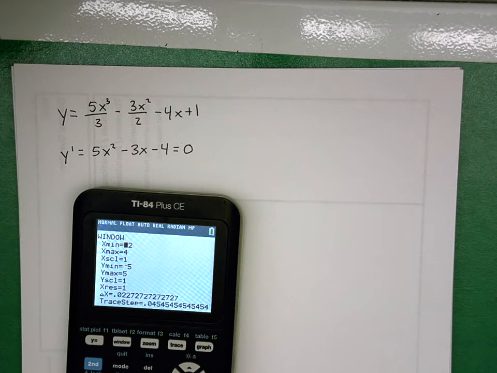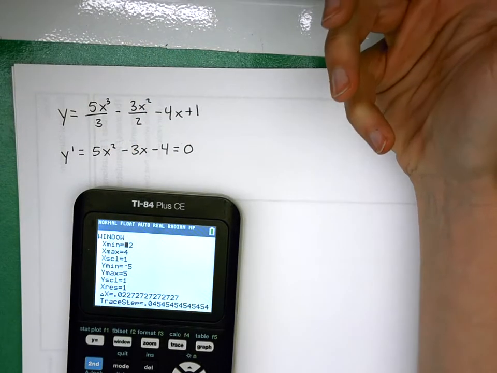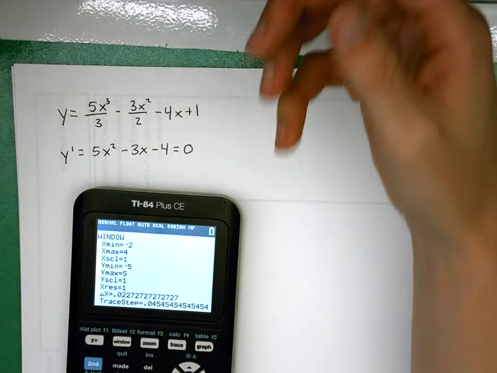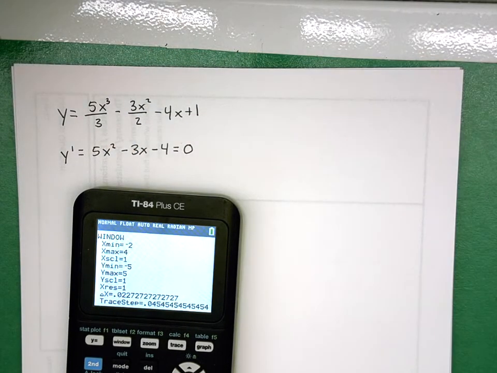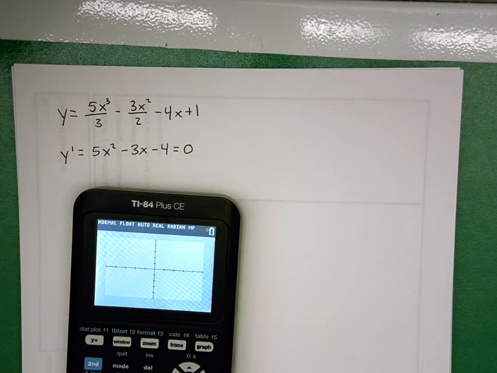I do know that I've got a quadratic here, and so if I'm looking at my graph, my picture, my window, and I don't see the full U, then I know I'm going to have to come back to this window and maybe make it a little bit bigger. But I usually find going -5 to 5 or -10 to 10 is a good place to start. Okay, so if I were to graph that, hopefully I'll see my whole U, and sure enough I do.